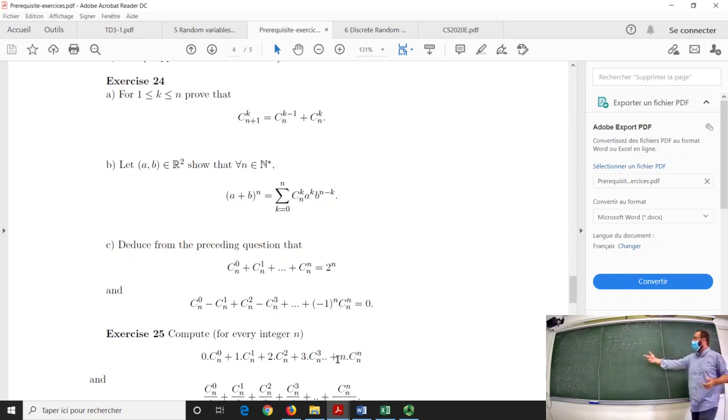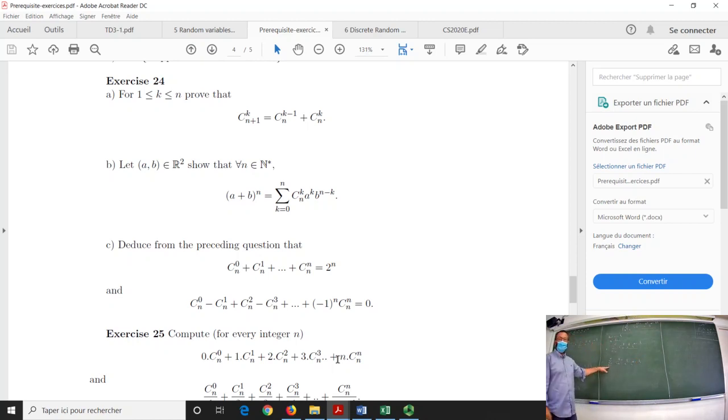And I see that what I have in common between this one and this one is from k equal to 1 to n. That's why I write the first part of the sum as the sum from k equal to 1 to n of c n k minus 1, a k, b n plus 1 minus k.